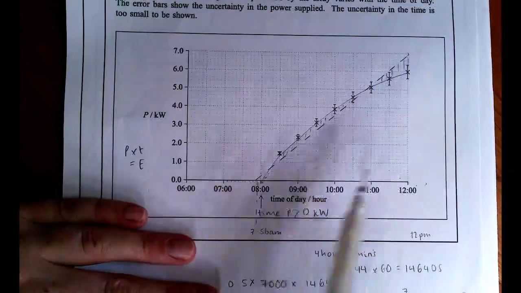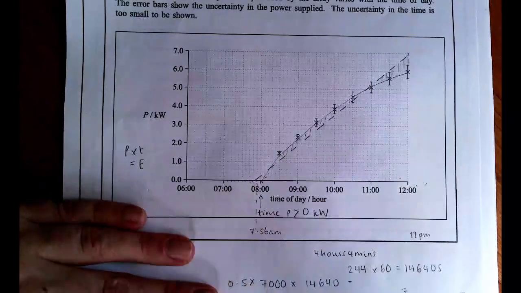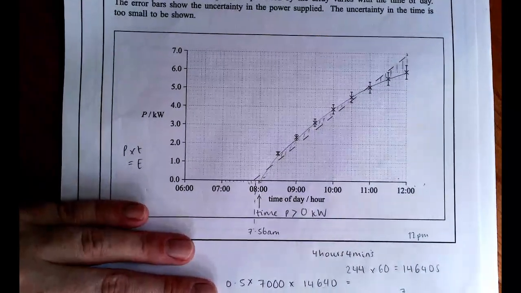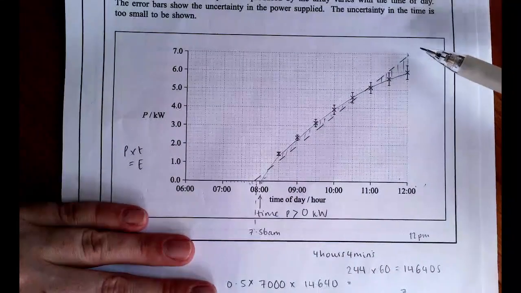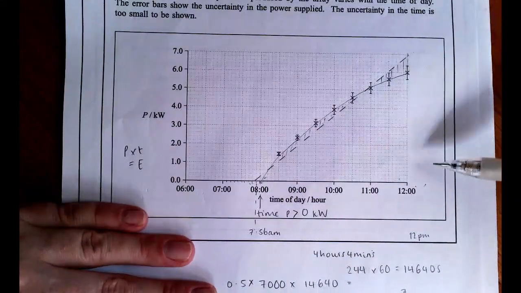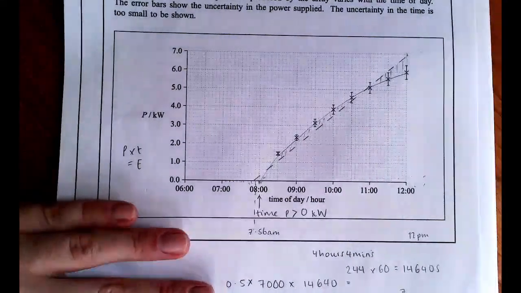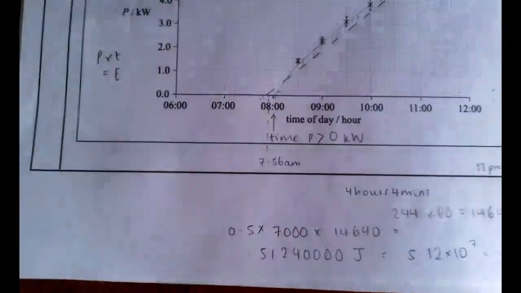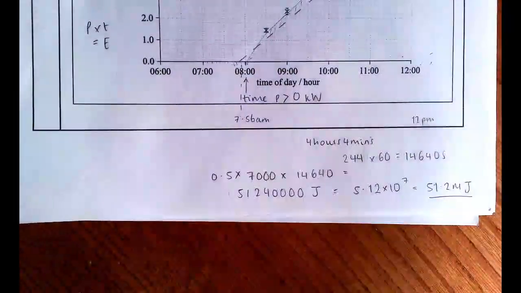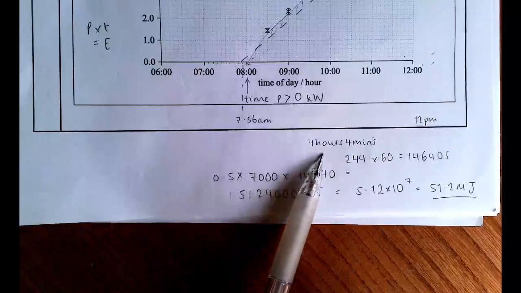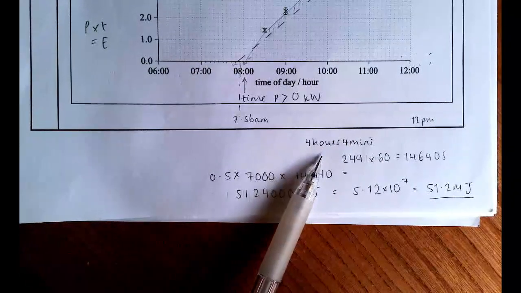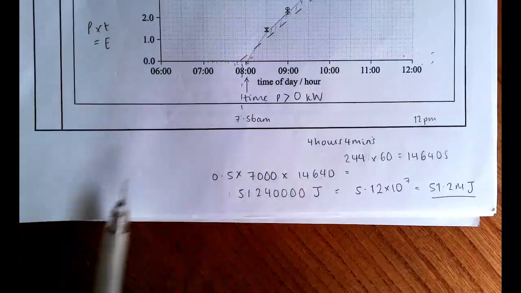We've got about 4 hours and 4 minutes on mine. Yours might be slightly different. And then we've got 7,000 watts on the y-axis. I can then take my time and convert it into seconds, because it needs to be in seconds to find the energy in joules.